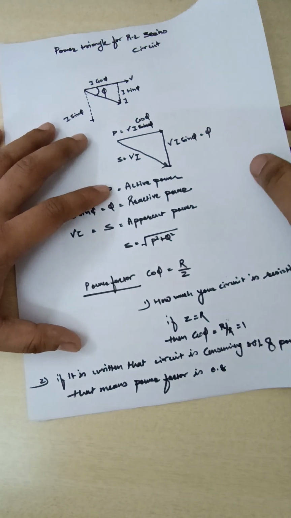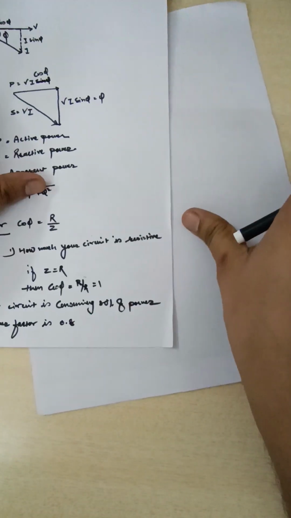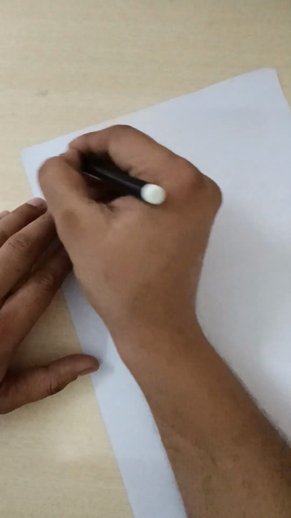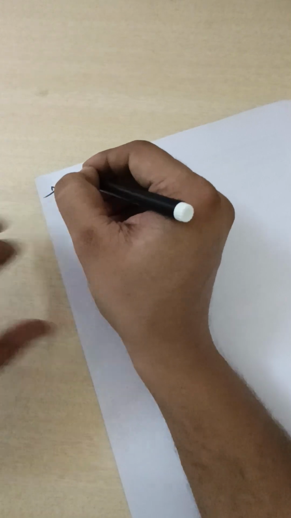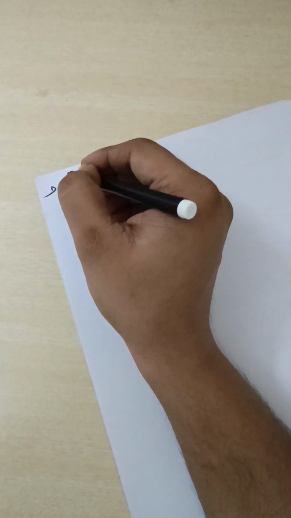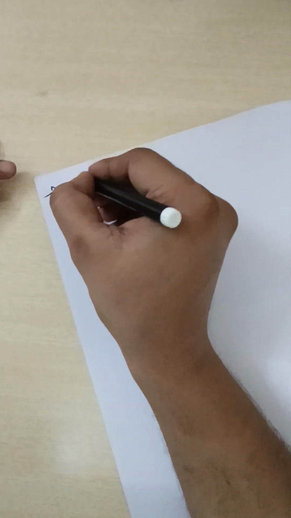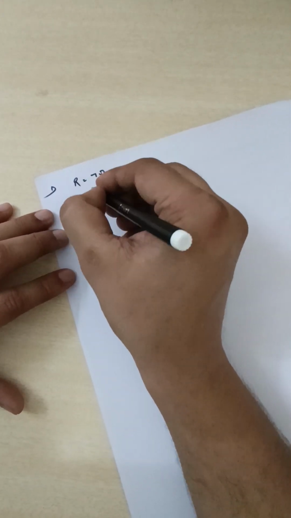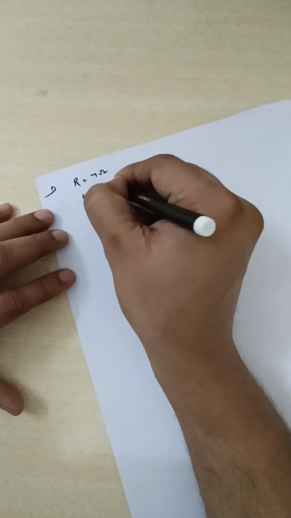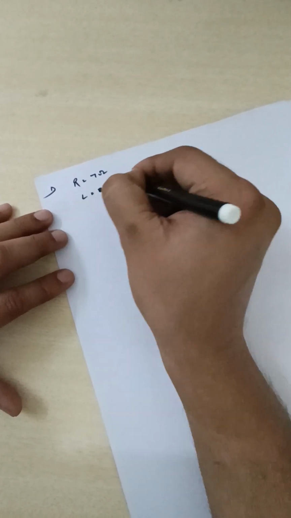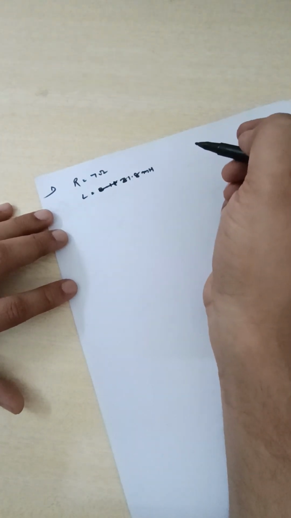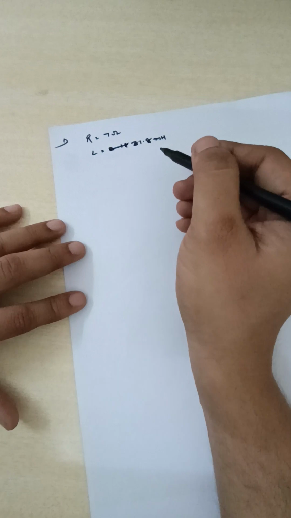Now we will do one or more numerical problems to get more detail about RL series circuit. So first question is that we are having a coil. It is given that resistance is equal to 7 ohm and inductance L is equal to 31.8 millihenry. It is given here, resistance is given, inductance is given.